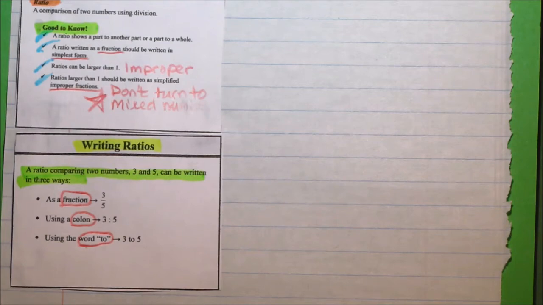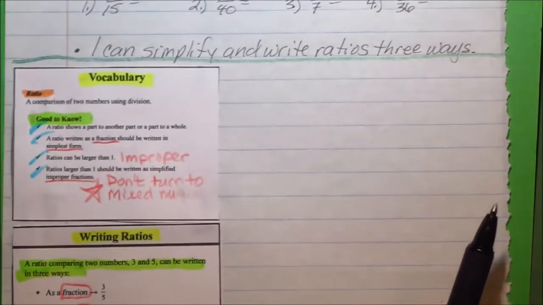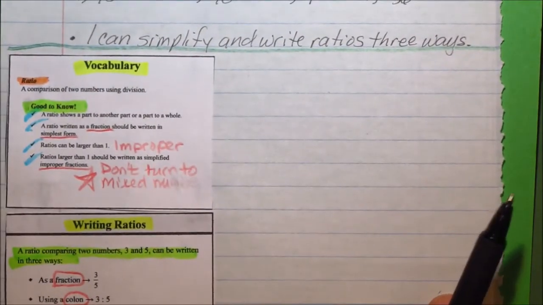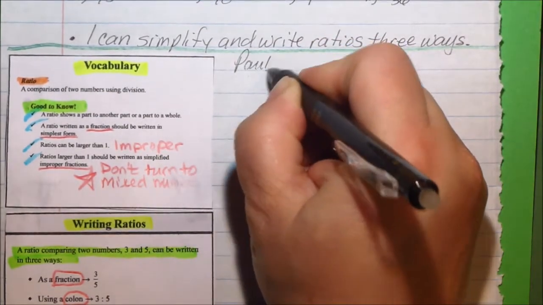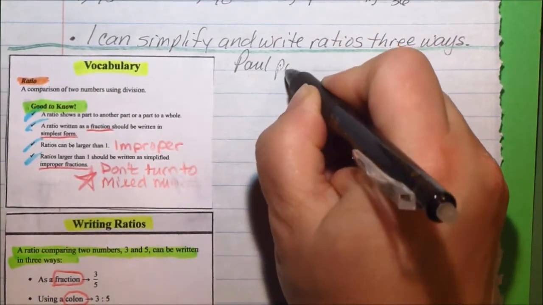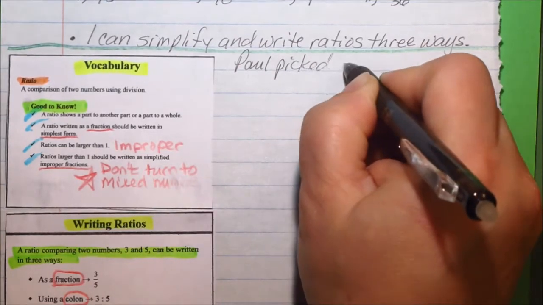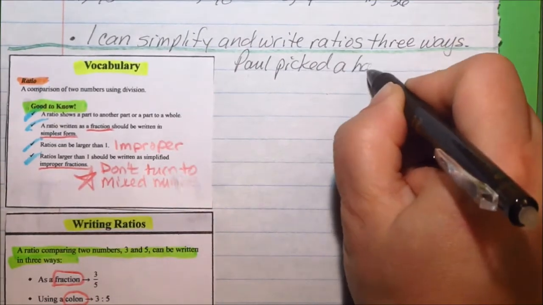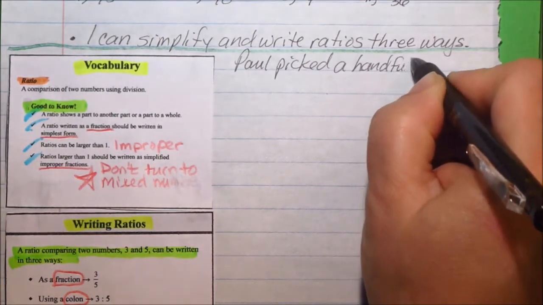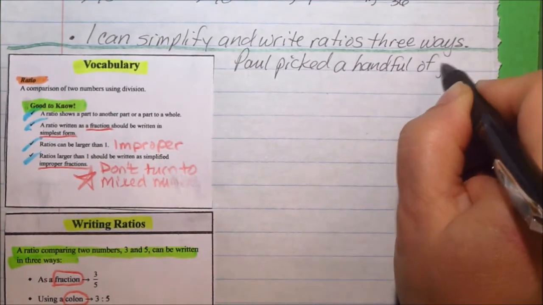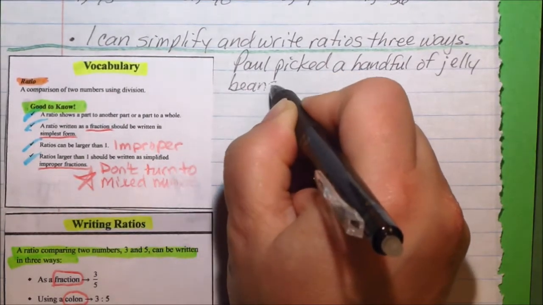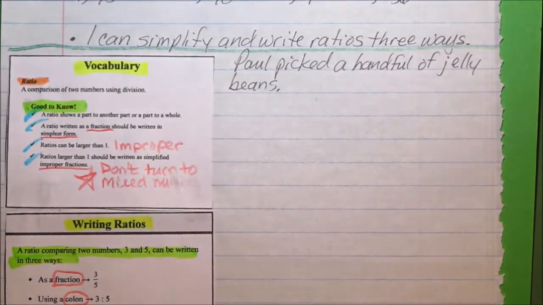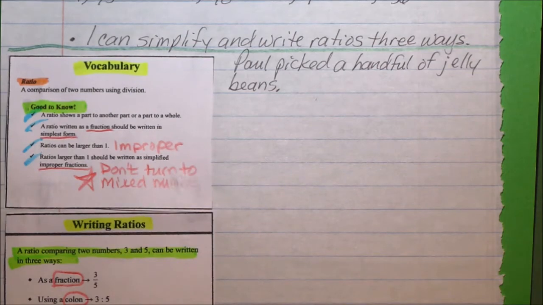So let's take a look at how we work with these ratios. My first example, I'm going to write it right up here: Paul picked a handful of jelly beans. He just scooped out a random handful of jelly beans out of a jar.